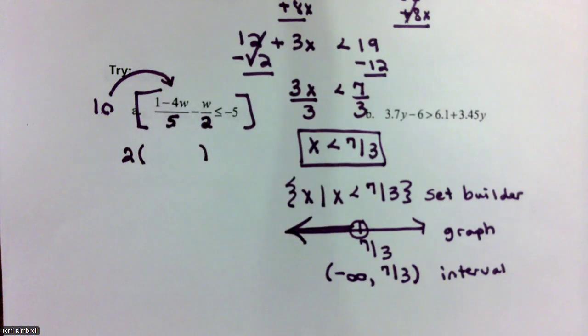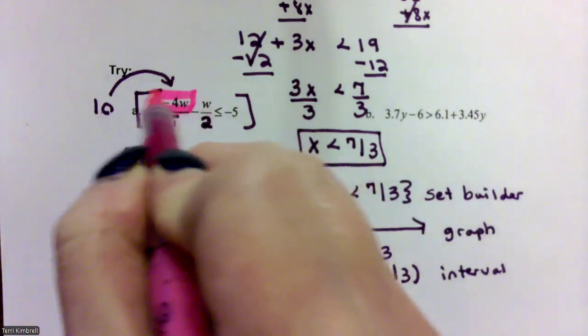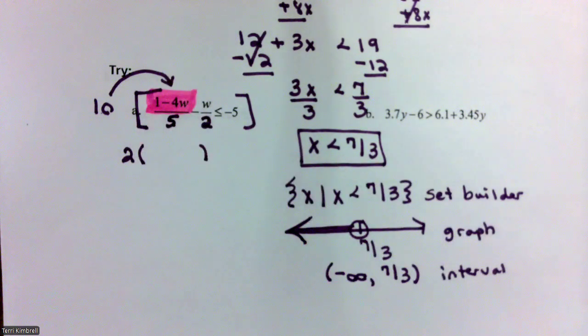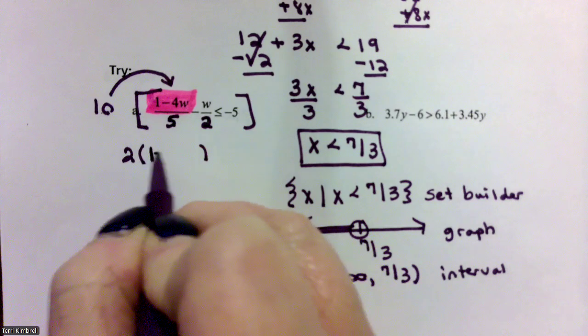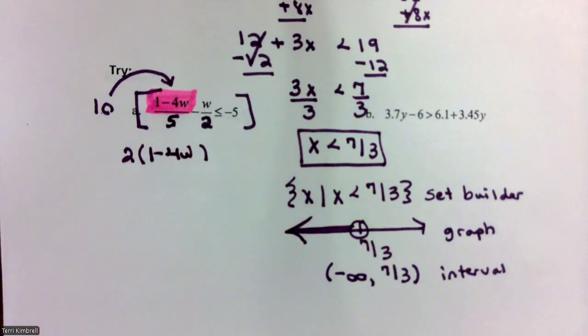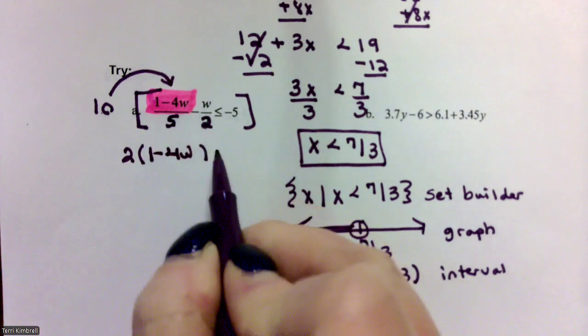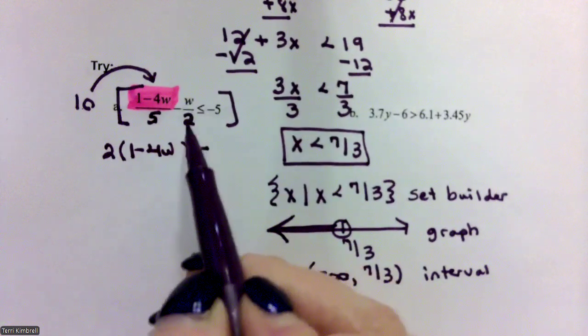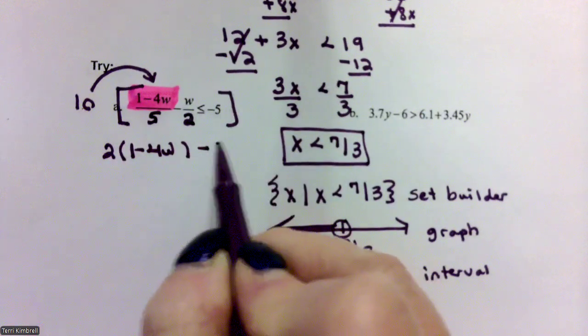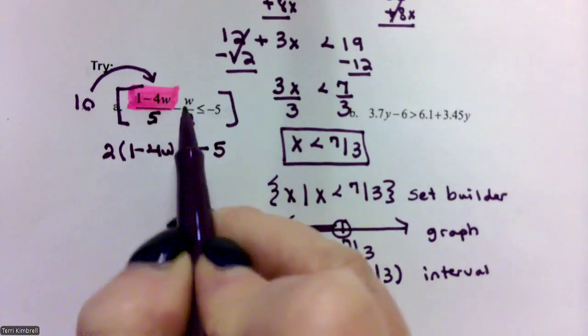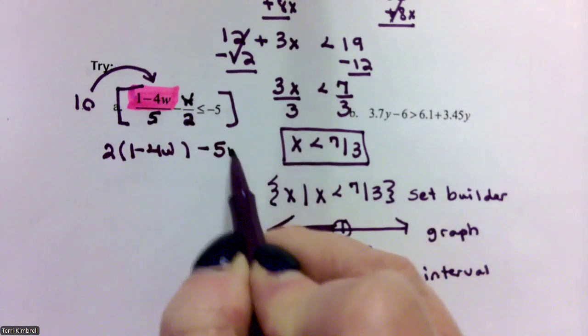And then I'm going to multiply that to the top of that fraction right there, which is 1 minus 4w. I have a minus sign now. Okay, 2 goes into 10 5 times. I'll multiply that to the w and get 5w.